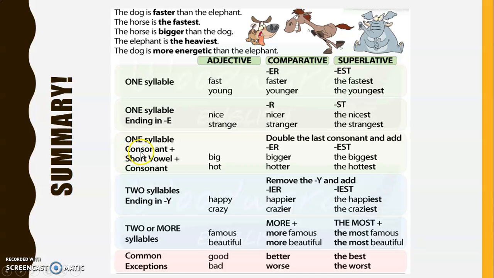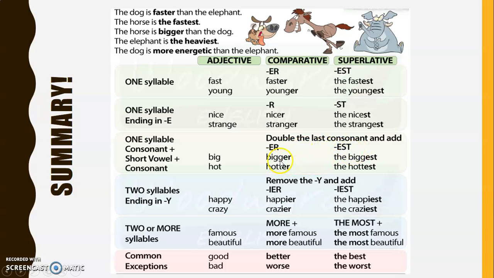No es necesario volver a copiar la E. If it is a one-syllable adjective ending in consonant, vowel, consonant, como hemos visto en el caso de big, we double the last consonant and add ER or EST.